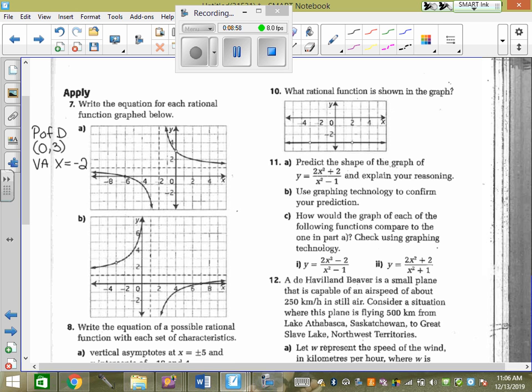In that equation, did I put a horizontal asymptote anywhere? No, don't care what it is. But we do need what else? Our x-intercept, which is at negative 6, 0.